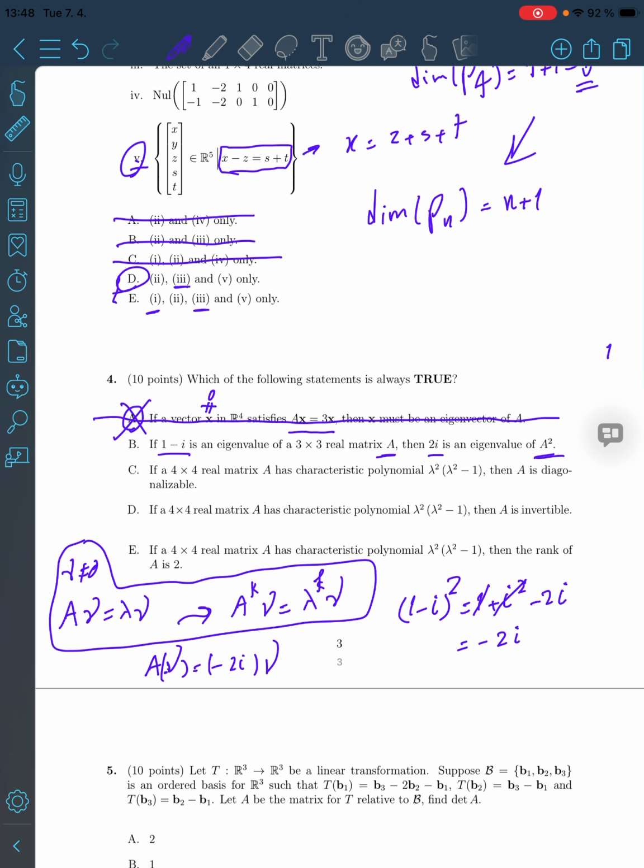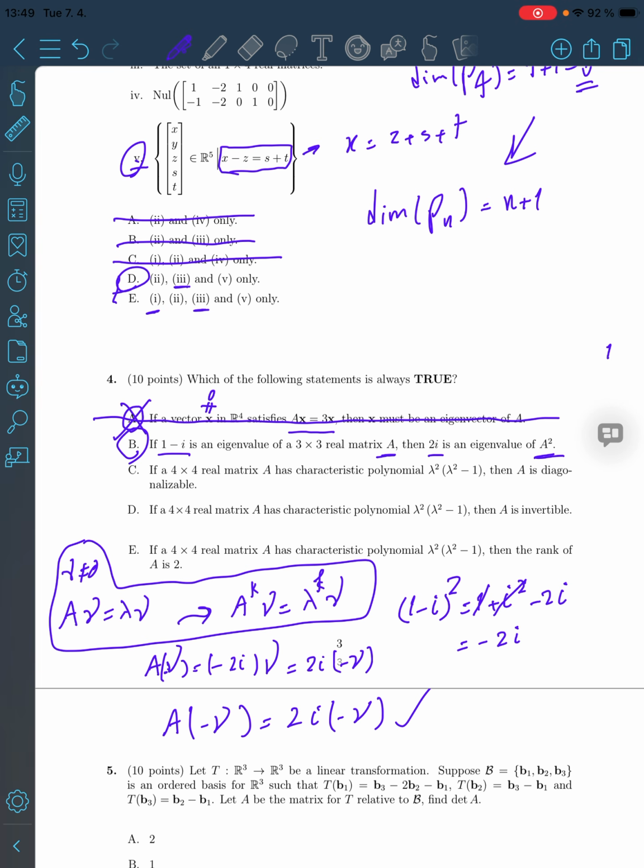So it's easy, you can put the negative i here. Therefore what you prove is that A squared applied to the opposite of v is equal to negative 2i times negative v, right? You should always remember that any scalar multiple of an eigenvector is again an eigenvector. Therefore you are fine, and this B is going to be the correct solution.